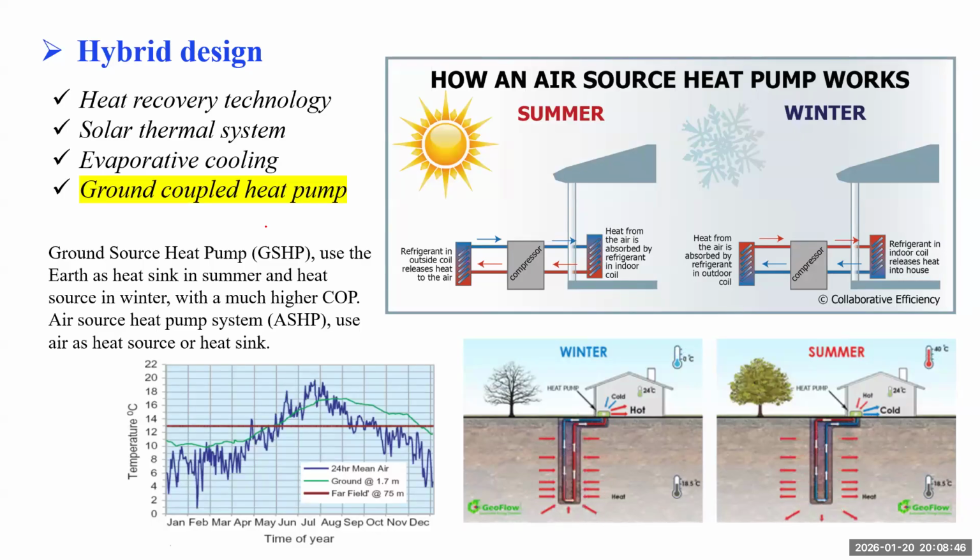Then we can lower the temperature difference and achieve a much higher COP for energy efficiency. Here, underground, if it is deeper than 75 meters, the ground temperature is totally constant. So it will not be affected by the changes of our seasons.